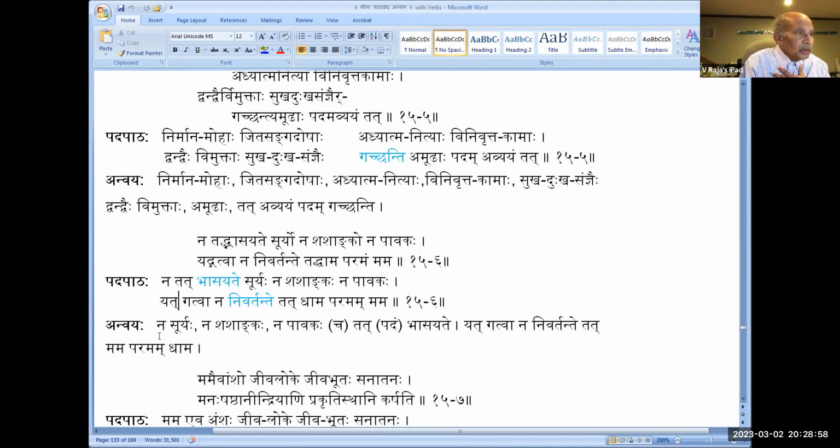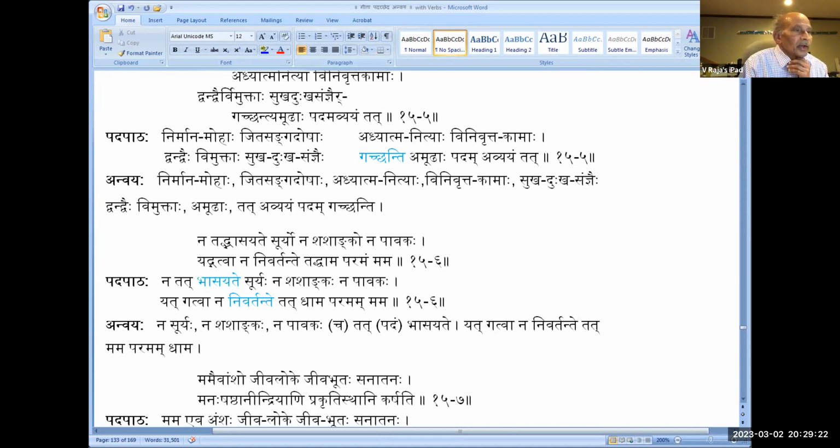See, na suryaha, na shashankaha, na pavakaha, cha tat bhasayate. Yat gatva na nivartante tat dhama paramam mama. So you can see how the verbs are used. Now coming back to the verbs.